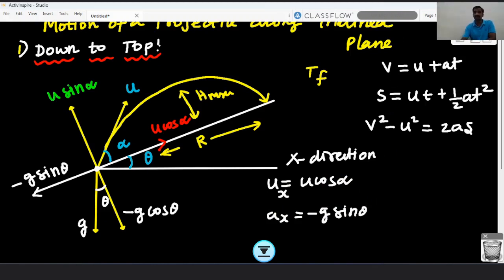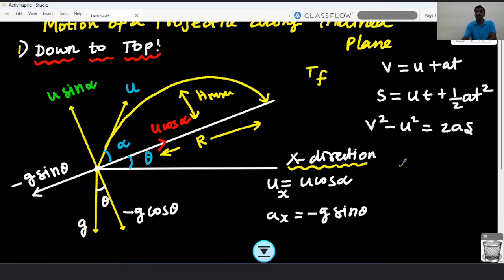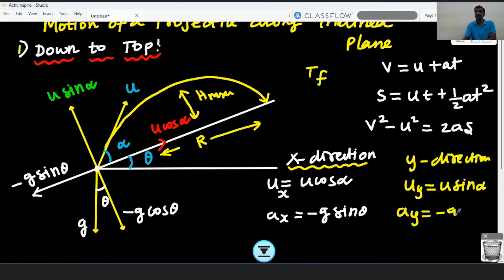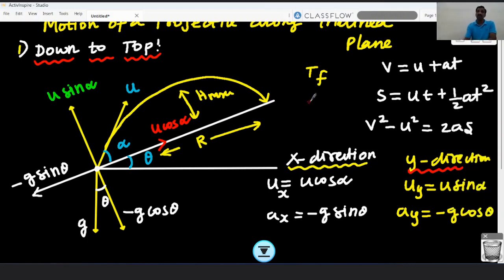Got it? So this is along the x direction. Likewise, along the y direction the velocity will be uy equal to u sin alpha, and the acceleration along the y direction is minus g cos theta. With the help of this, we can easily find the time of flight, h maximum and the range.